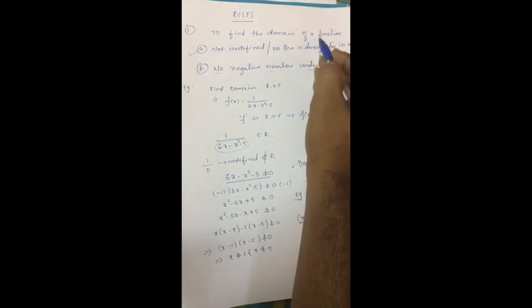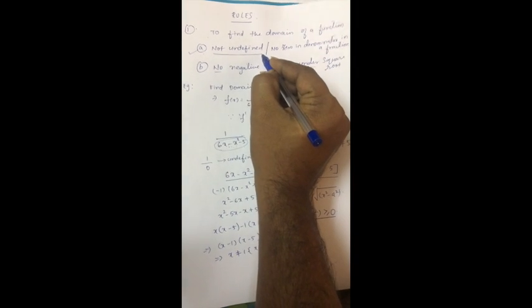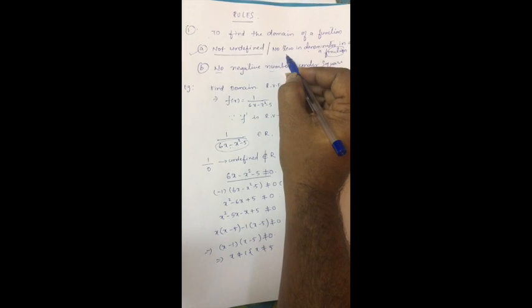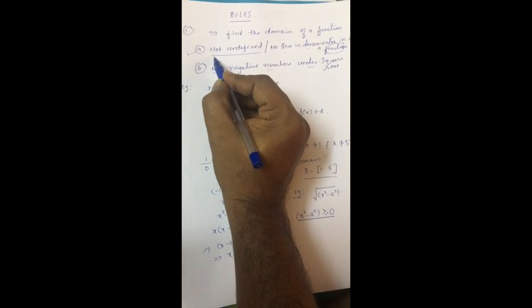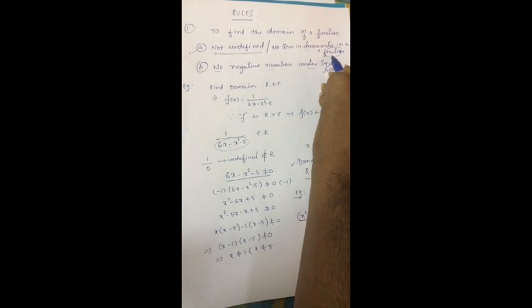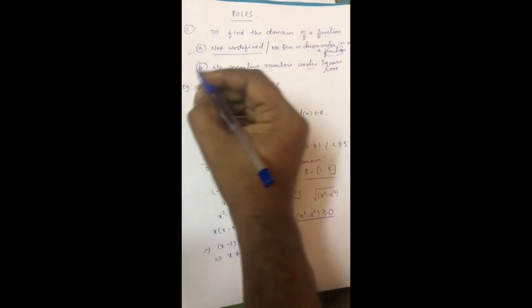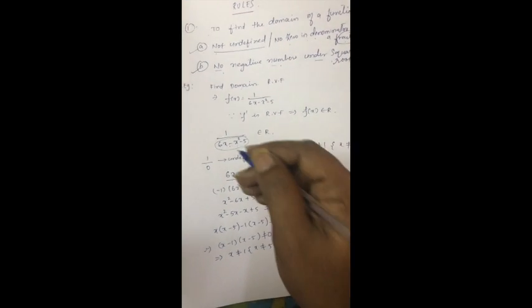To find the domain of a function, you have to make sure that it is not undefined, or in case of a fraction, the denominator should not become 0. And the second one is, there are no negative numbers under the square root.